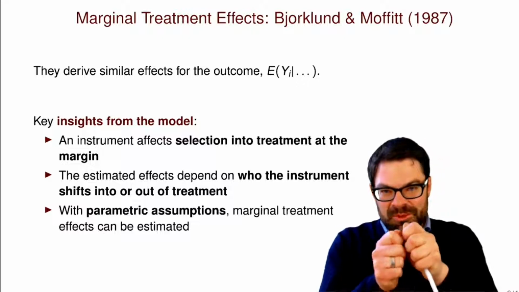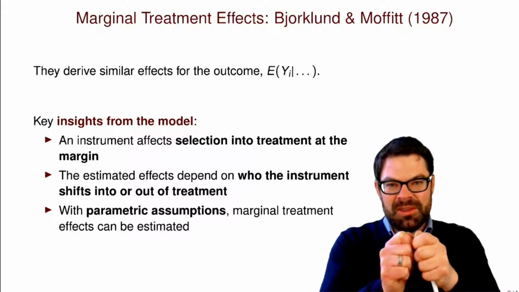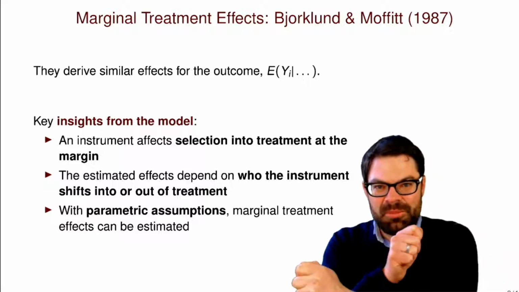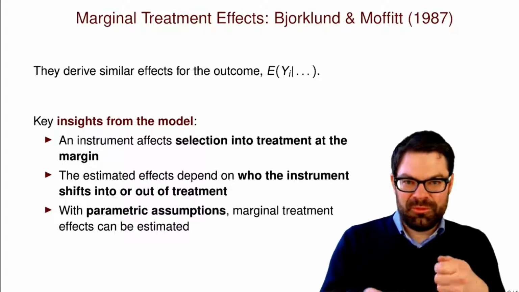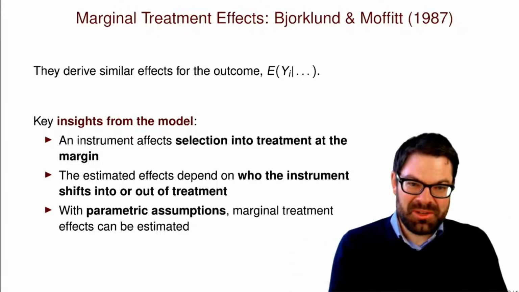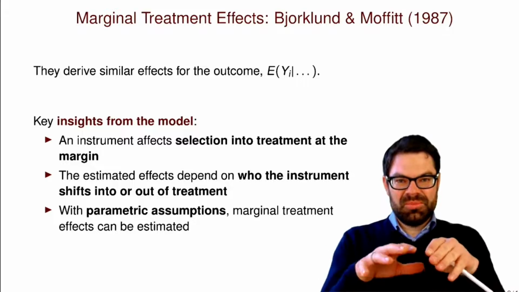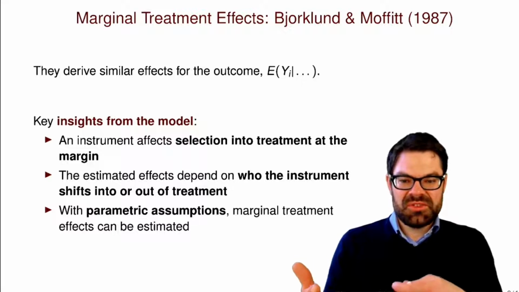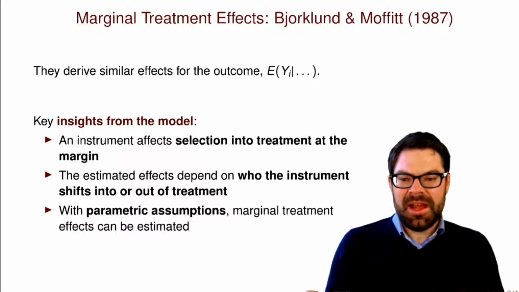And if you give an incentive, those who change their behavior are those who were initially indifferent, and some of them would now be shifted into the treatment. That's typically what we see in a lot of microtheory. Changes happen at the margin, and marginal treatment effects take this idea and put it into an empirical framework that we can then use to study whatever effect we want and to evaluate policies.